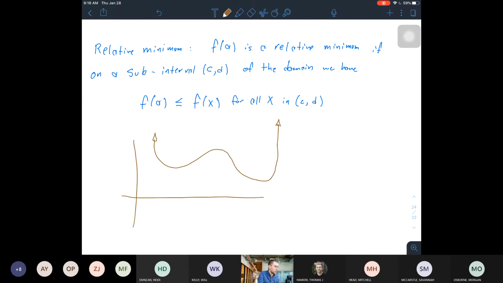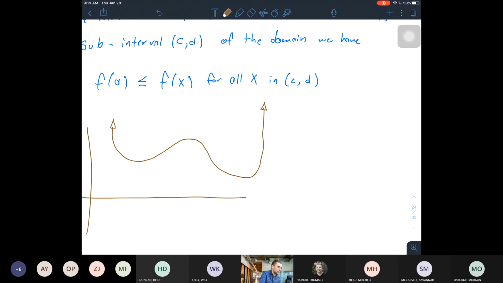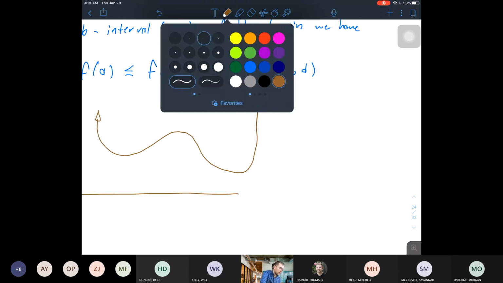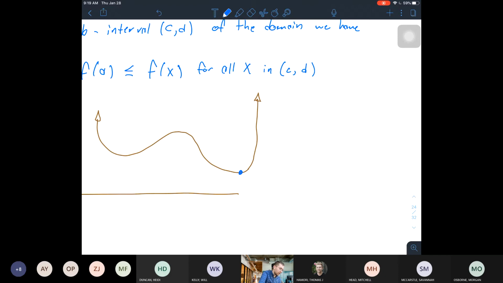Okay, so a relative minimum is if we can find an open subinterval C comma D of the domain on which the value at that point is less than the value of all the other points in that subinterval. So this point here is going to be our, quote, absolute minimum.